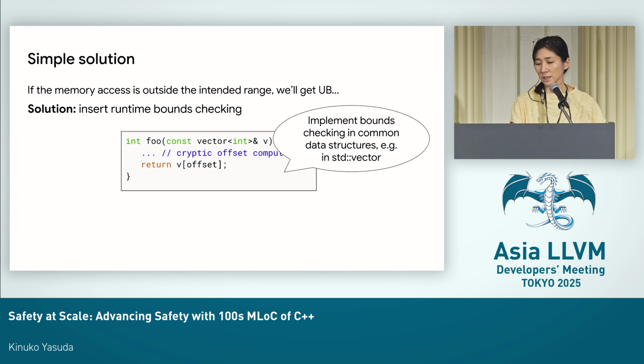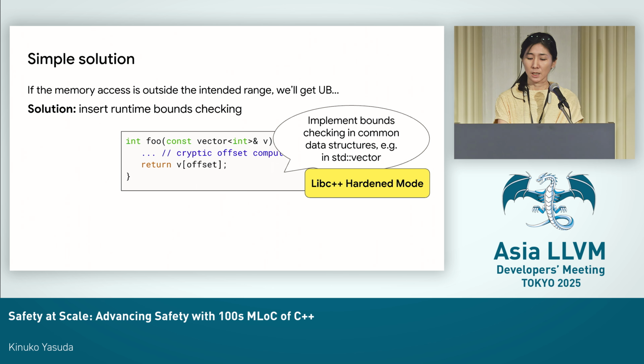And such a check has existed in libc++ for more than 10 years. However, in 2022, friends at Apple and other upstream contributors made a significant improvement in libc++ and made it a more structured configuration called libc++ hardening mode, so that these checks could become suitable also for production use, not only for debug builds.